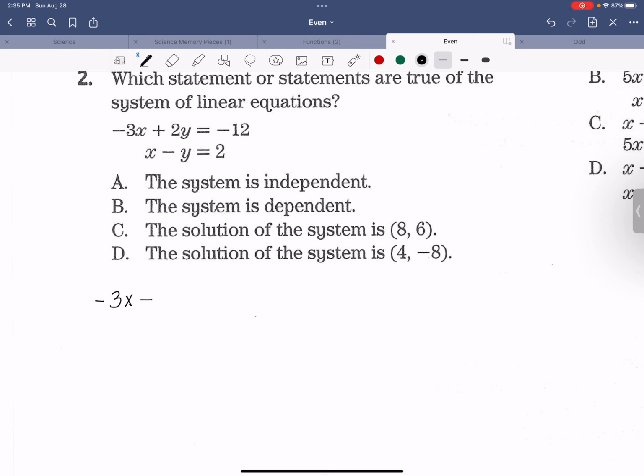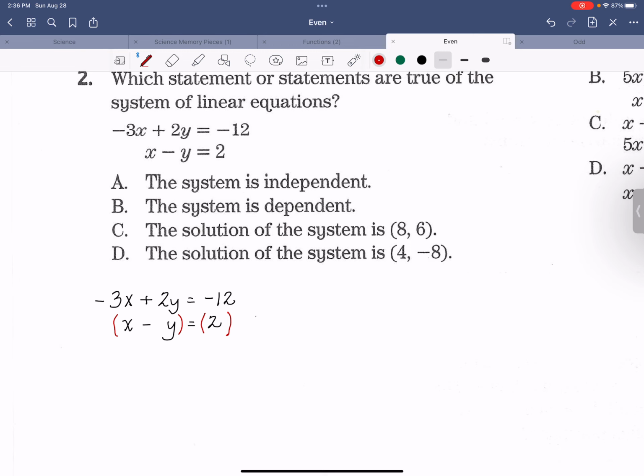I have negative 3x plus 2y is negative 12. And under here, I have x minus y is 2. Both of these are in standard form. So if I can get this bottom one to have a positive 3x, I've got it.